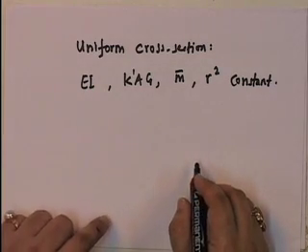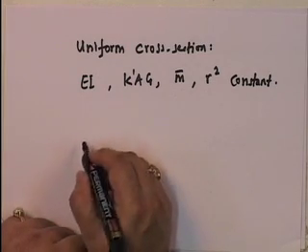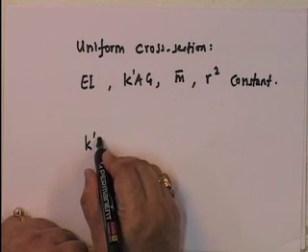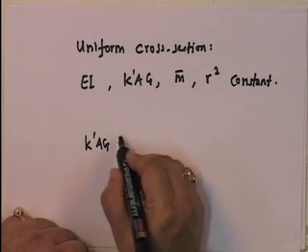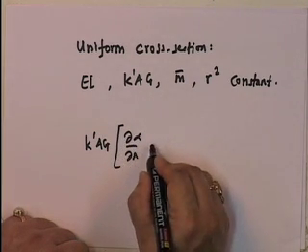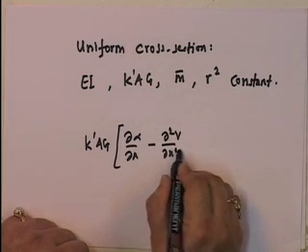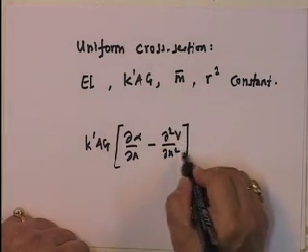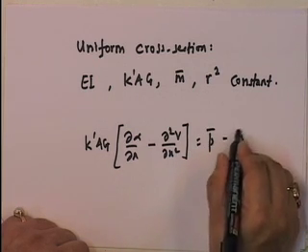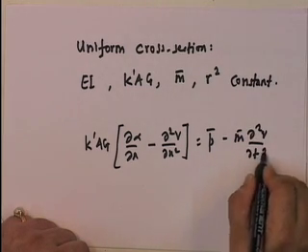If that is the case, then the bottom equation becomes K prime A G into del alpha by del x minus del squared v by del x squared is equal to p bar minus m bar del squared v by del t squared.